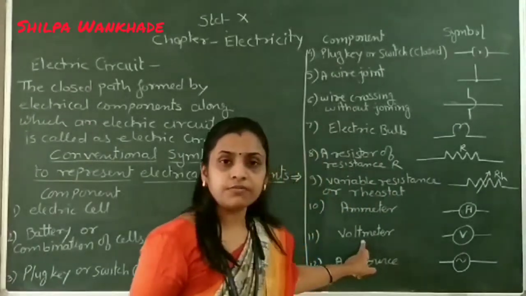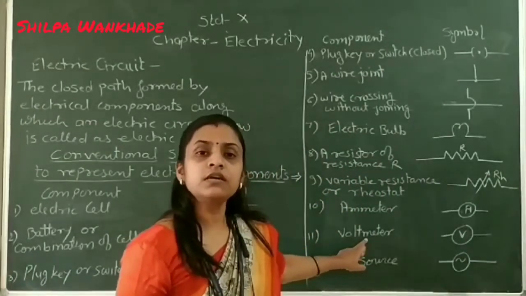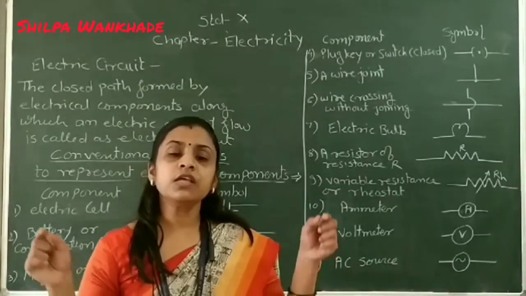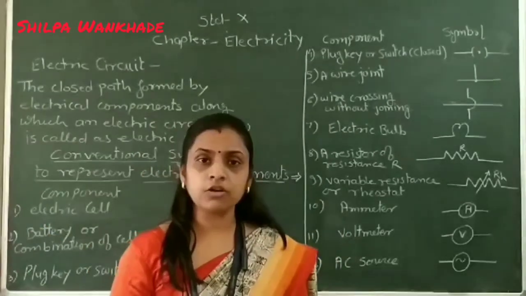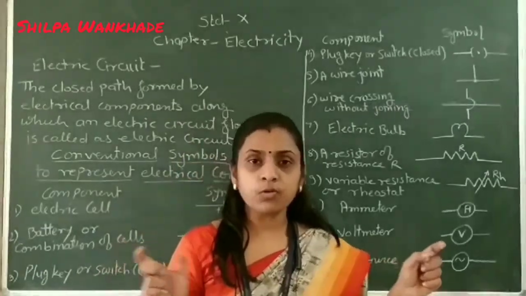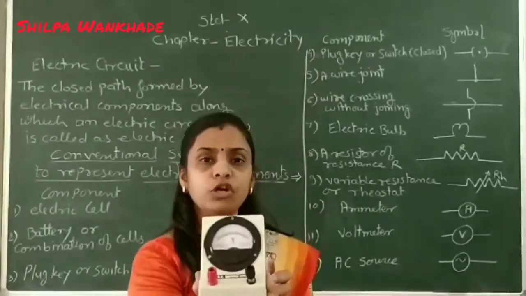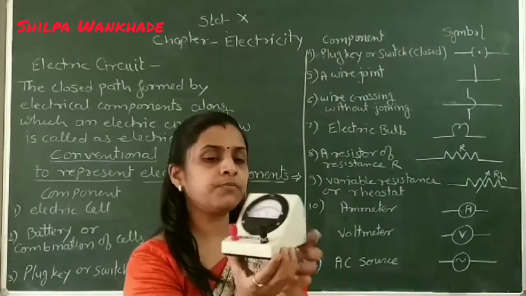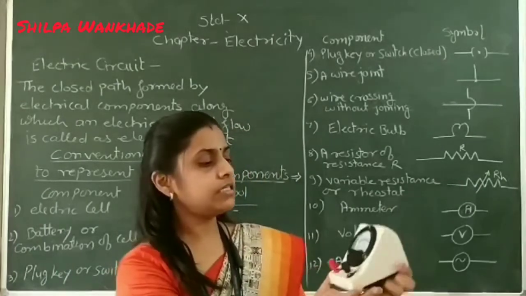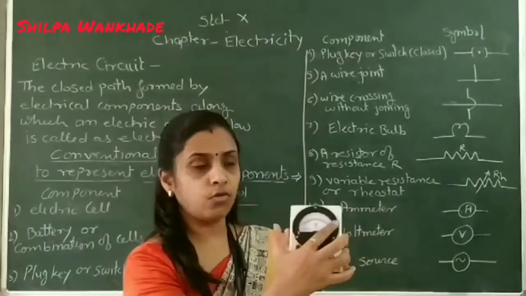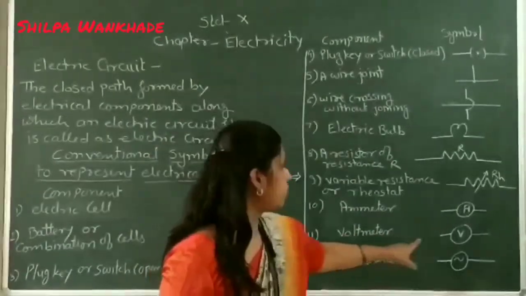Then the voltmeter. A voltmeter is the instrument which is used to measure the potential difference between the two ends of a conductor or between the two ends of a wire, and this is the voltmeter. This instrument measures the voltage from 1 to 10 volt, and it is shown in this way.